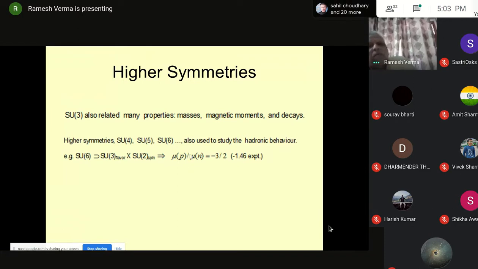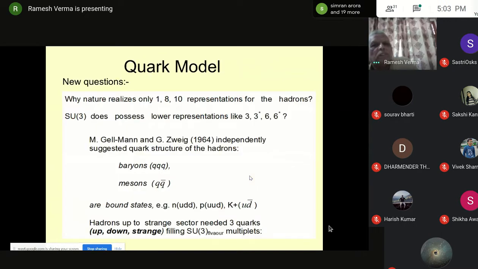The proton magnetic moment is 2.793, and the neutron magnetic moment is minus 1.913. So the ratio comes up to be minus 1.46 experimentally, and theoretically SU6 could even give you the prediction that their ratio should be minus 3/2. Quite nice.